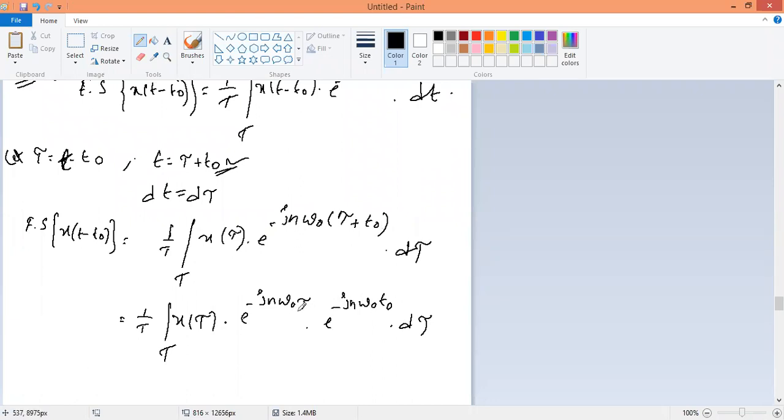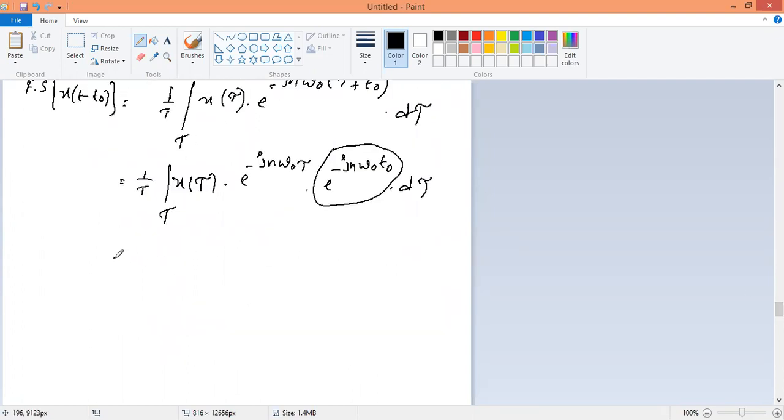Now, with respect to tau, is this value constant or not? Please verify this.